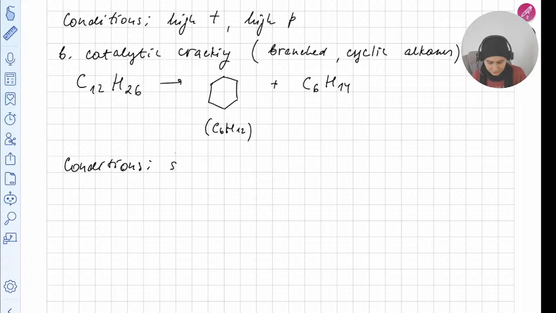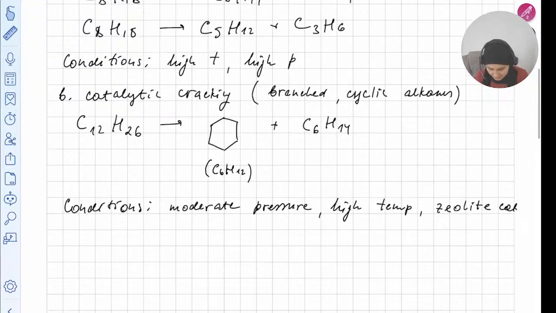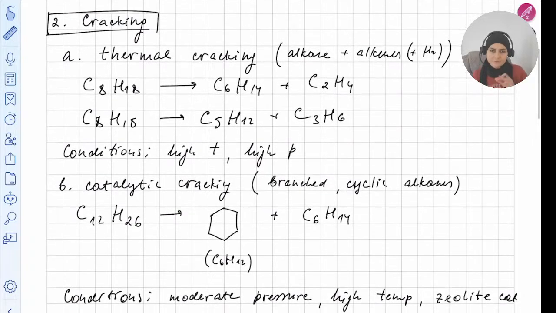So moderate pressure, a high temperature of, for example, 450 Celsius, around that, and zeolite catalyst. Sometimes you would also see steam cracking, but I think if you know these two, it's fine. In steam cracking, you will also use steam so that the chain is broken easier.